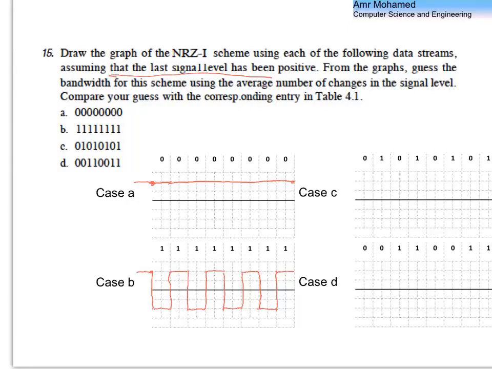Here it's positive, and then for the 1 we go negative, and then 0 we keep going, and then for 1 we go positive, and then 0 we go straight, and then for 1 we go negative, then we keep straight, and then 1 we go positive.